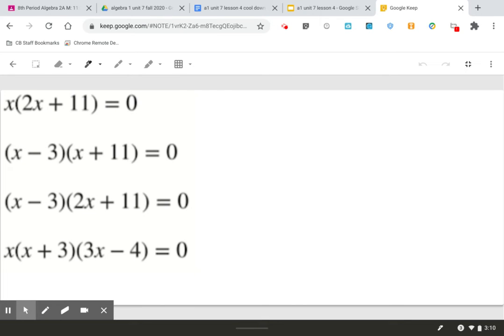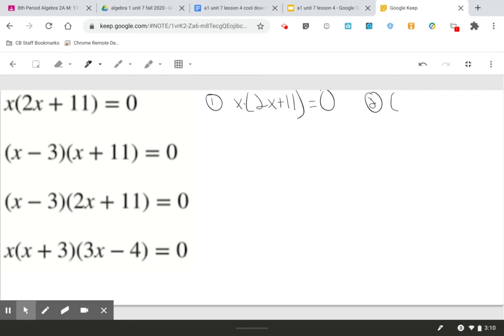Okay, so for the first one here, we have x times 2x plus 11 equals 0. So again, factored form means that it's written as a product. This is written as x times 2x plus 11.